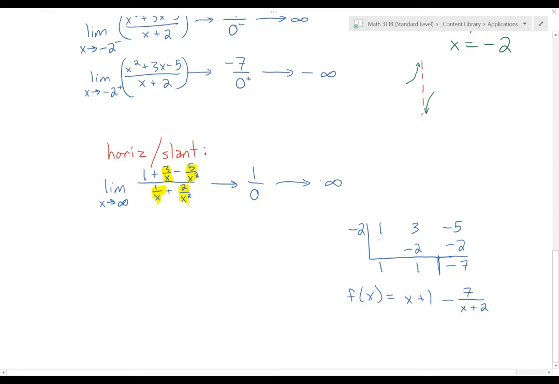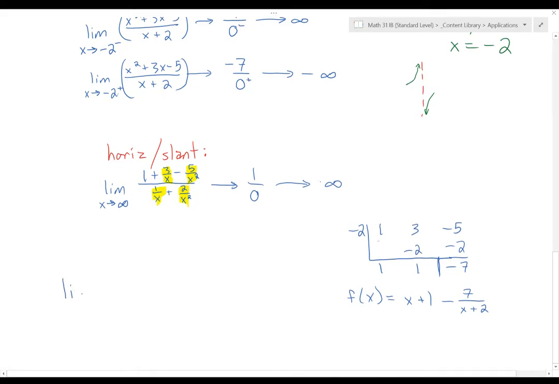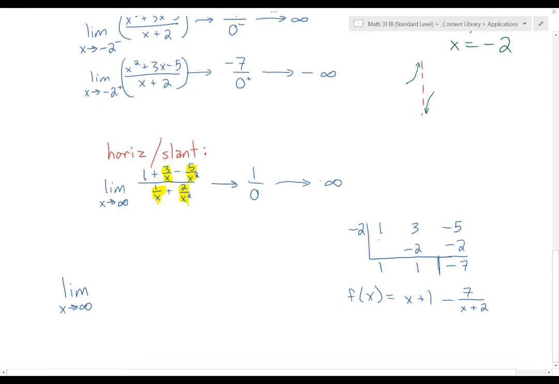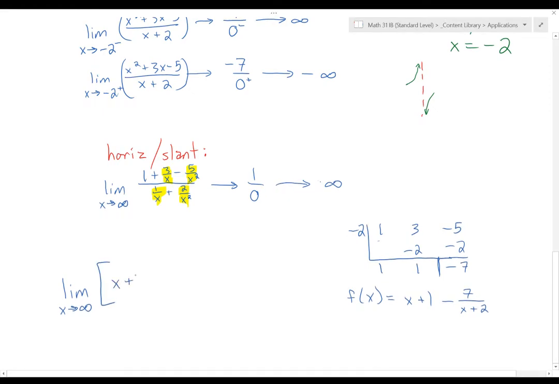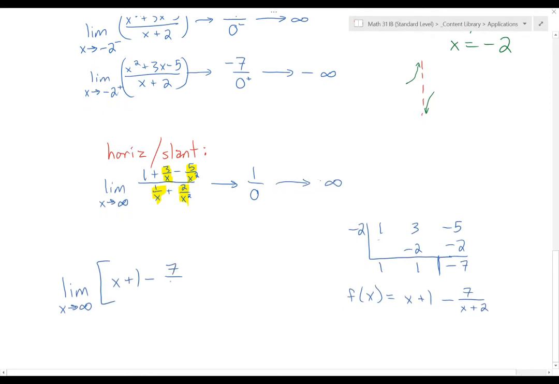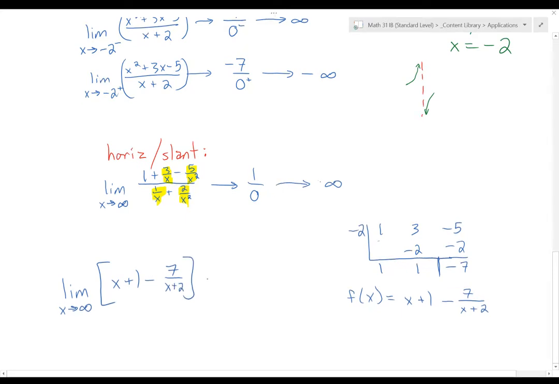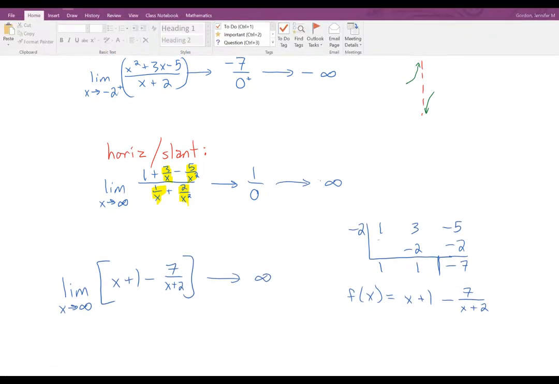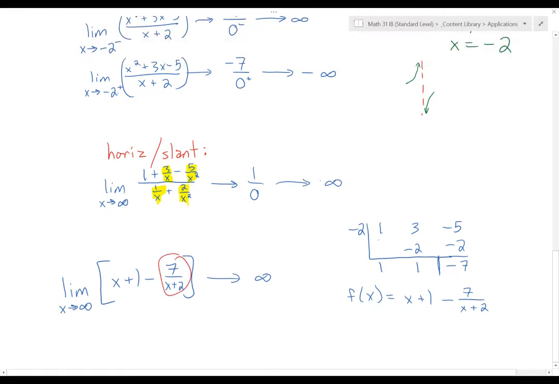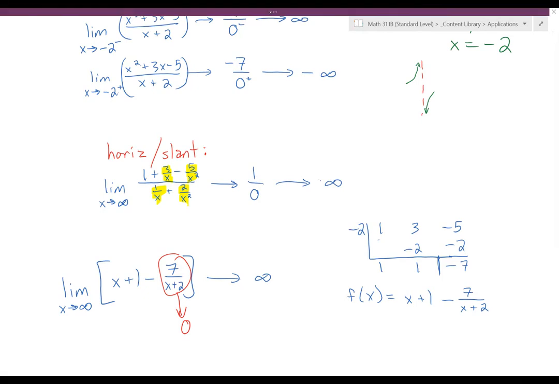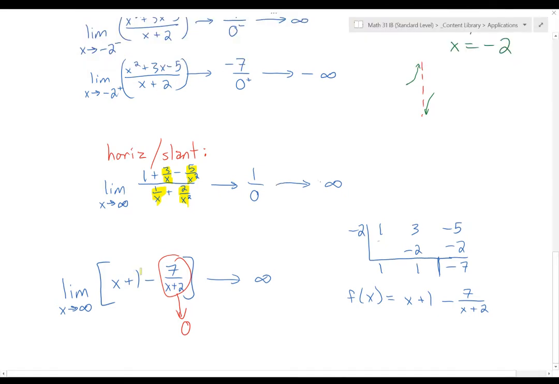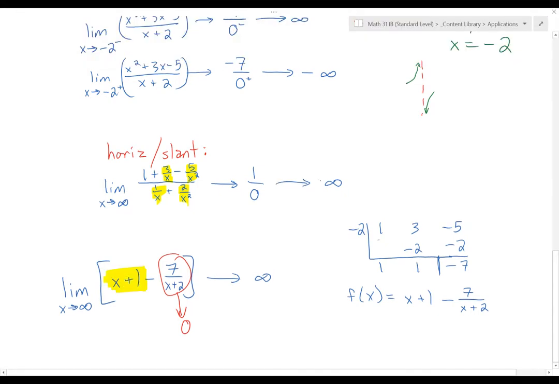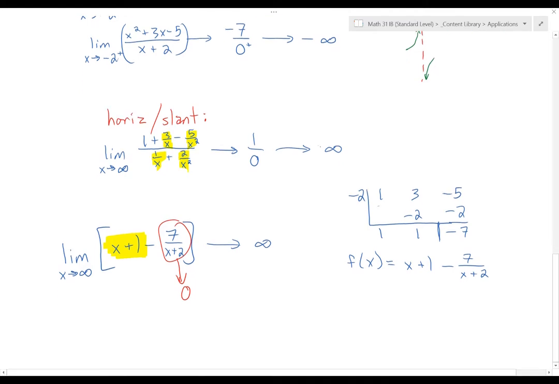Well, now if I consider what happens at infinity, the limit as x approaches infinity of x plus 1 minus 7 over x plus 2, it is still definitely going to go towards infinity. But what matters to me here is that this bit is going to go to 0. So as this function gets closer and closer to infinity, the curve of this original rational function is going to start to look more and more just like the line y equals x plus 1, because that remainder part is going away.